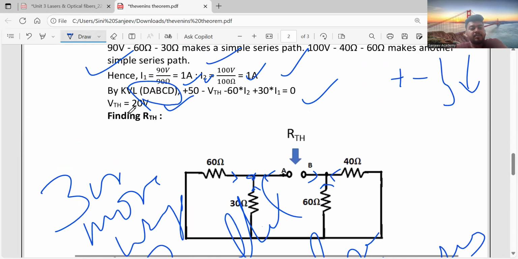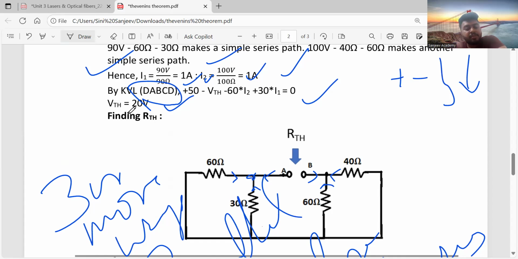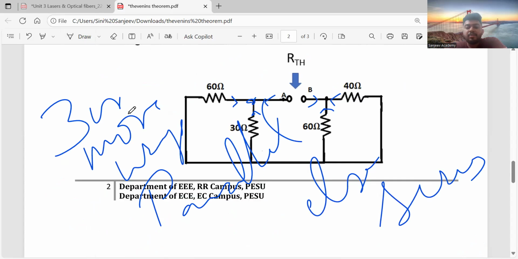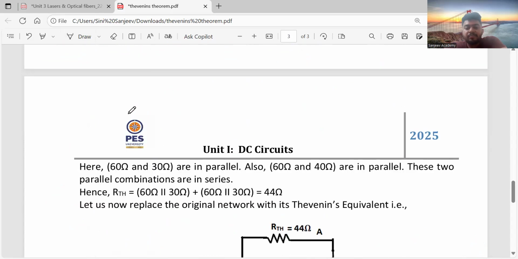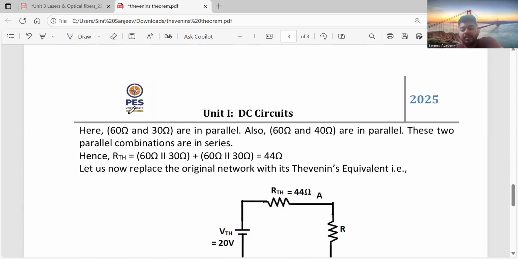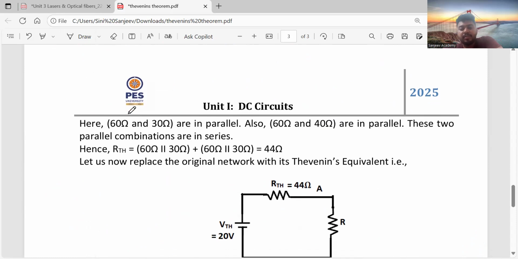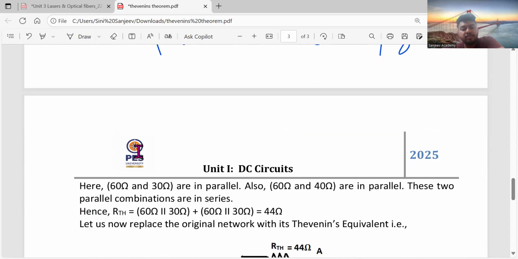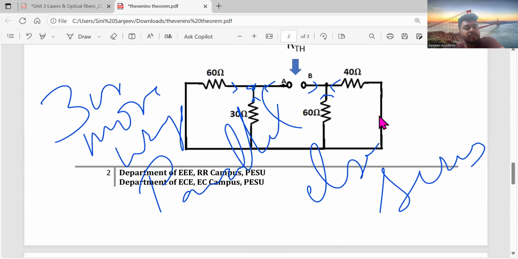Else, it is series. So the 60 and 30 ohm are in parallel, and the 60 and 40 ohm are again in parallel. You should know how to do the parallel, and once you've done it, you'll get the equivalent resistance. That is RTH. Once you get both these two parallel, add them, and they become series.